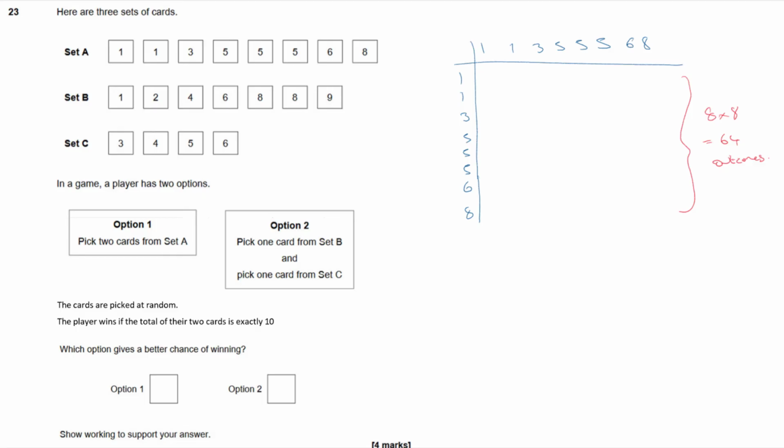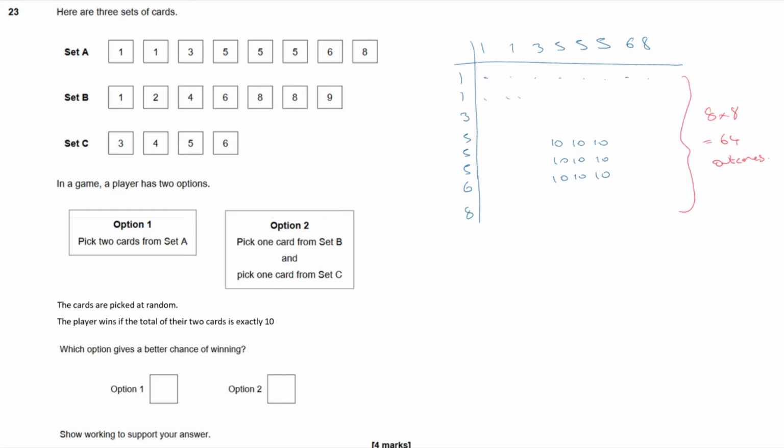Now, which one of those outcomes is going to give me 10? Well, the only ones that are going to give me 10 are where I'm going to be adding the 5s together, isn't it? So I'm going to get like a 10 here. Adding 5 and 5 is 10, 10, 10, 10, 10, 10, 10, 10, 10. Now, all the other numbers are not 10. Okay, all those other numbers here, here, here, and here, these are not going to give you 10, are they?